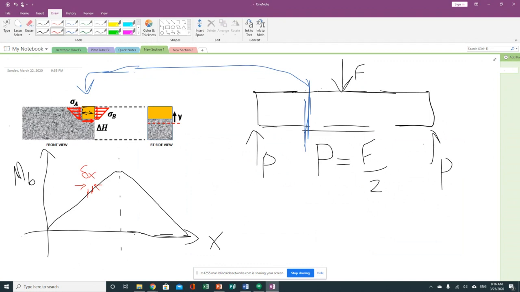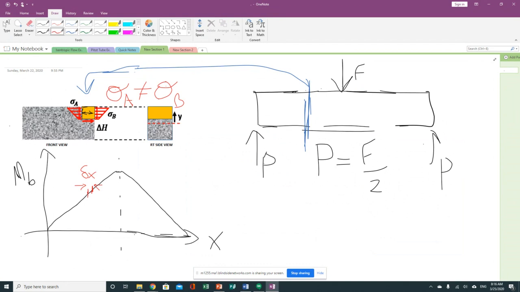Meaning that for this case, and for most cases really, those two bending stresses are not balanced. The forces created by those bending stresses are not balanced, which is going to require a shear force in order to balance, and that shear force creates a shear stress.